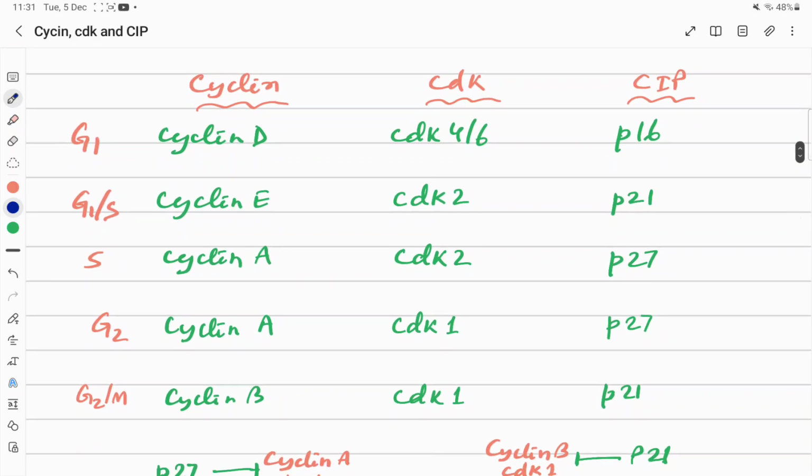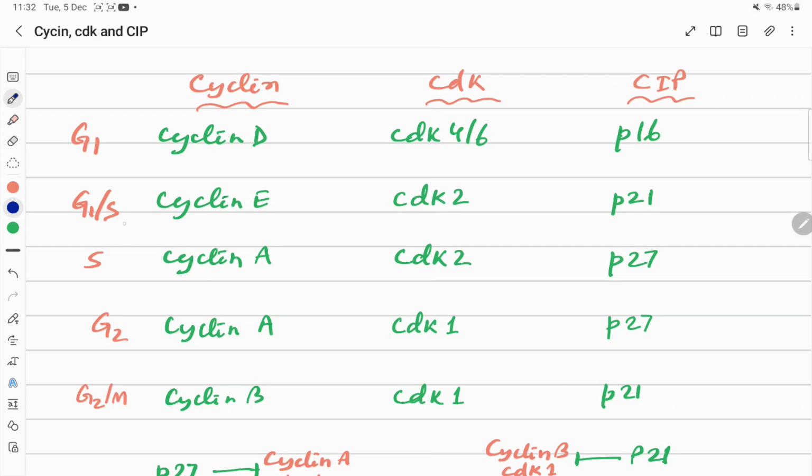Cyclin D, which acts in the G1 phase, forms a complex with Cdk4 or 6. So cyclin functions by binding with its specific Cdk. The Cdk inhibitor protein which can bind both to cyclin and Cdk to inhibit their action is P16.